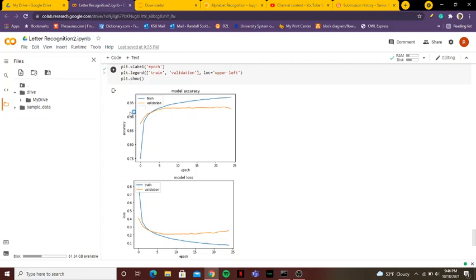The test data started at about, I would say, 87%, and then it slowly increased and hung around that 93% area. With the model loss, it started out with a high loss, just how it is when it runs the epochs, and then it gradually went down until the training data went less than 0.1, so less than 10% loss.